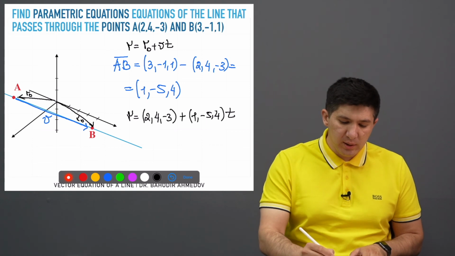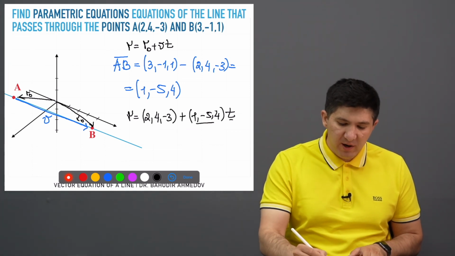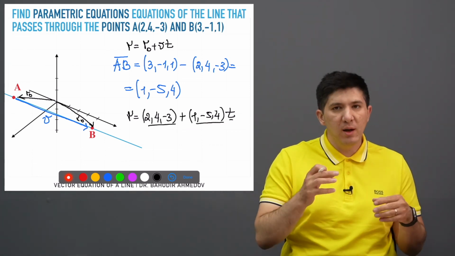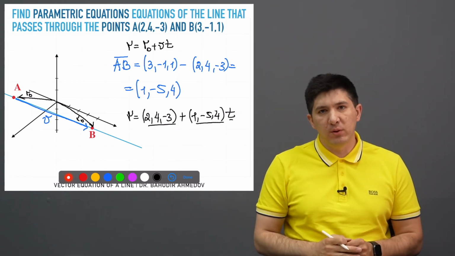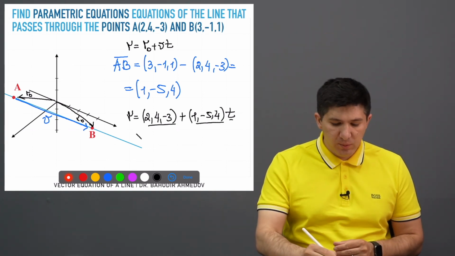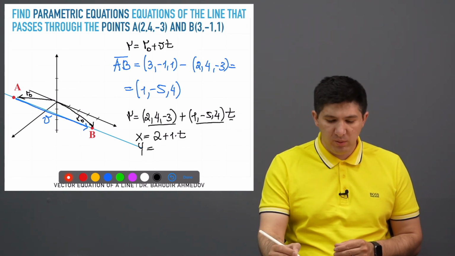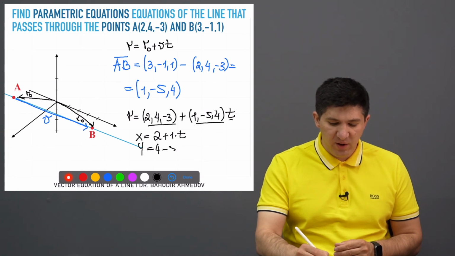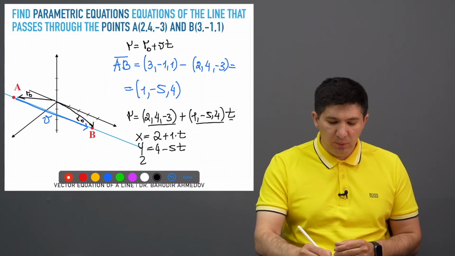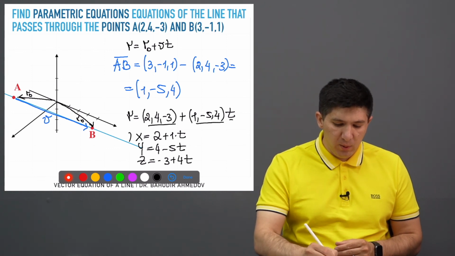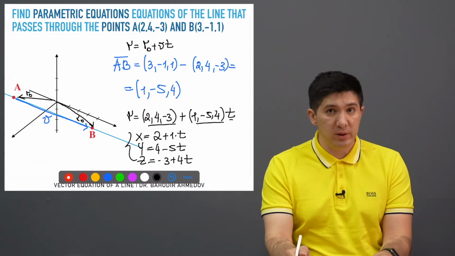So I multiply this t by this vector, add it to the other one, and find every component. The x component is equal to 2 plus 1 times t. The y component is equal to 4 minus 5 times t. And the z component is equal to minus 3 plus 4 times t. Well, that's the parametric equation of the line.